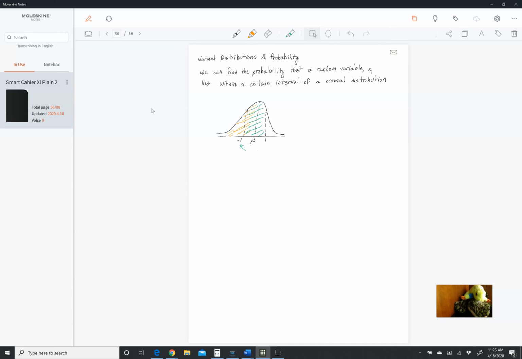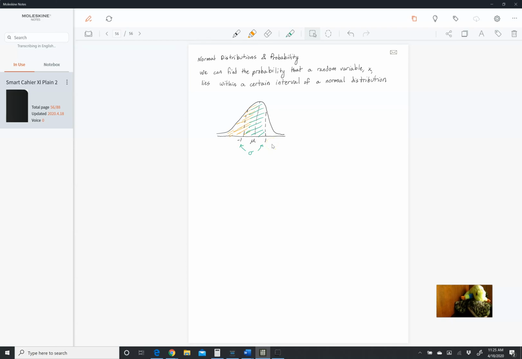So in the first half of the curve, that's a 50% probability, whereas in the center, from one standard deviation below to one standard deviation above, it's 68%, because 68% of this area is between one standard deviation below and one standard deviation above.